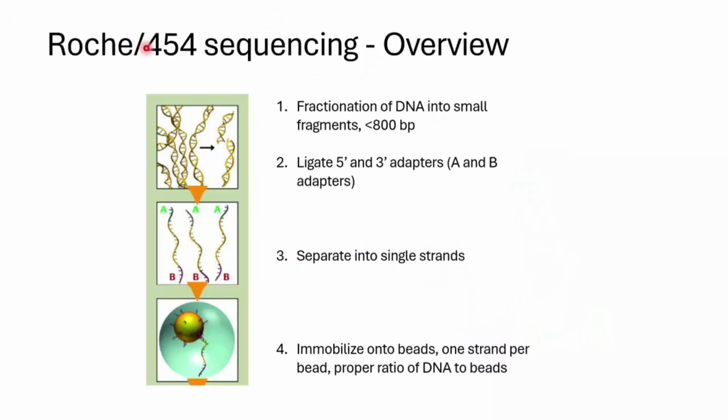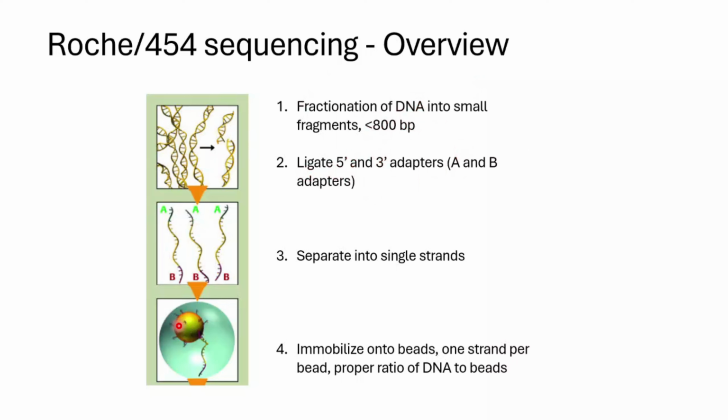So the Roche 454 sequencing method goes as follows. Imagine you have your DNA right here. You will break it into pieces that are about 800 base pairs long or less. You'll add these adapters. Two different adapters, A and B, and these adapters are important because they will be used to bind to a bead.